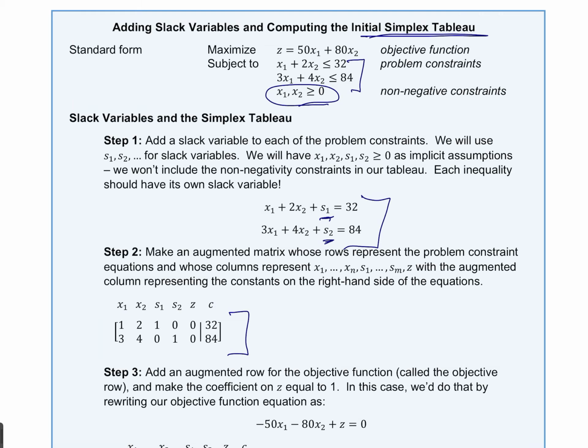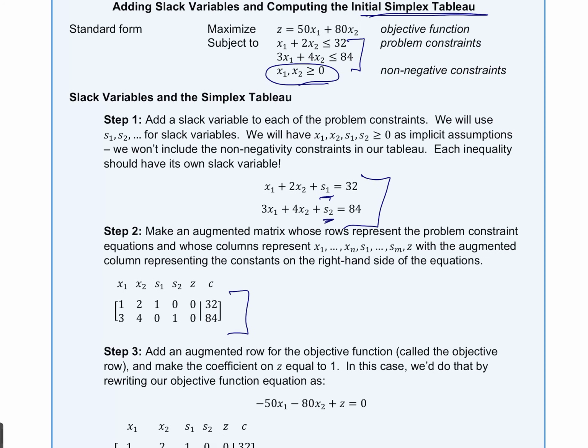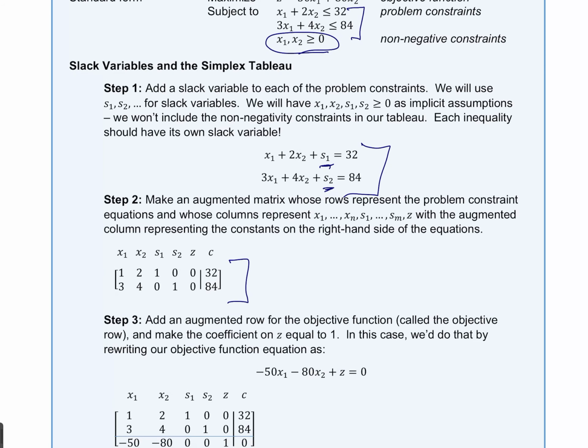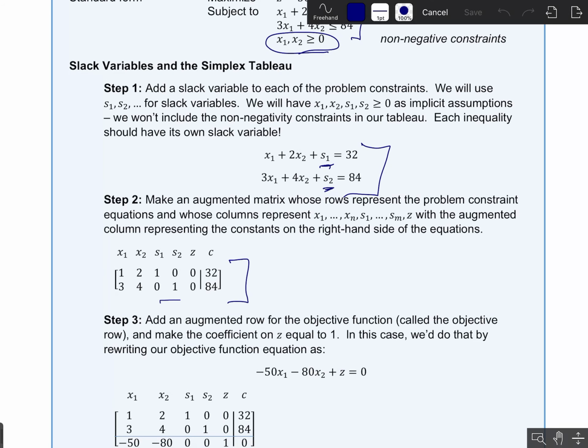So that's going to be the general format for setting up the columns in these matrices. So these two rows came just from the constraint equations.